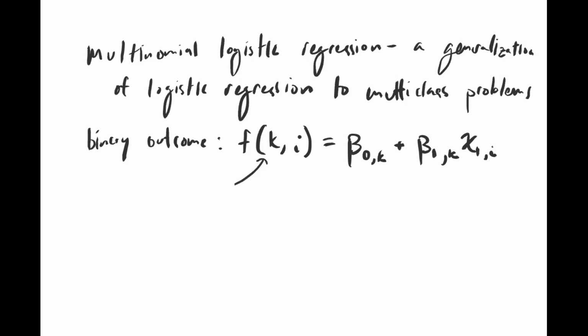So in this function, k is our outcome and i is the observation.